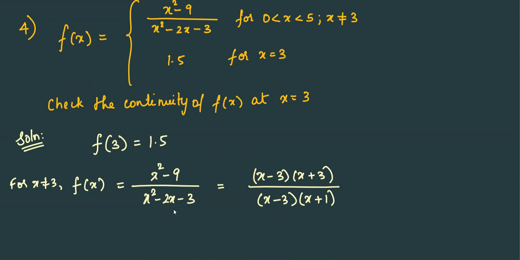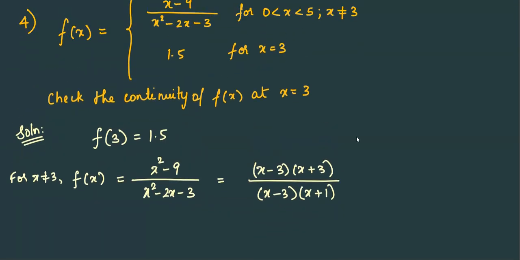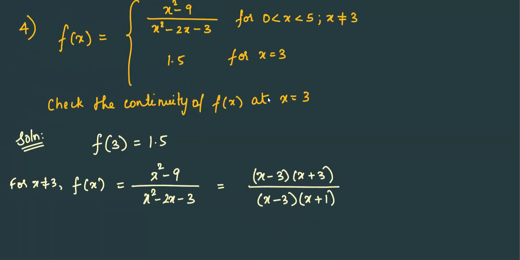Minus 3x plus x will give you minus 2x, and the product is x square minus 2x minus 3. So the x minus 3 will be cancelled.